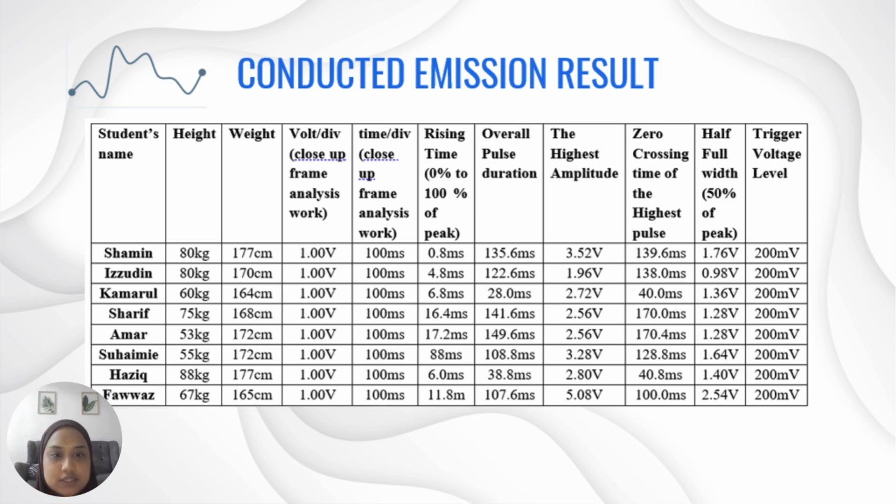For this, we analyze key signal parameters like rising time, overall pulse duration, the highest amplitude, zero crossing, and also half full width. From the result, we can see variations in pulse behavior among individuals, especially in rising time and peak amplitude. For the highest voltage, we got 5.08 volts, and the minimum voltage, we got 1.96 volts.